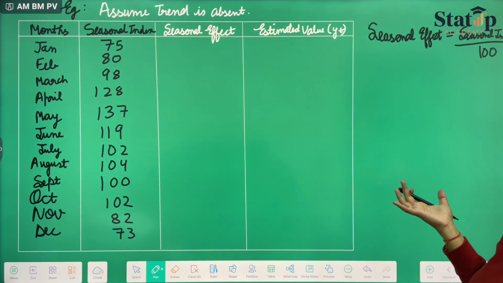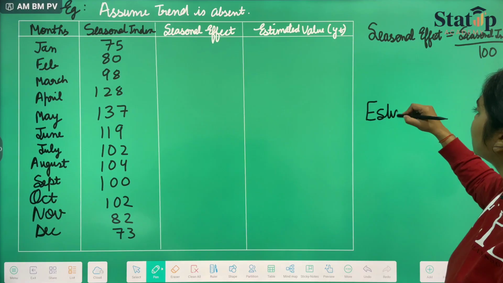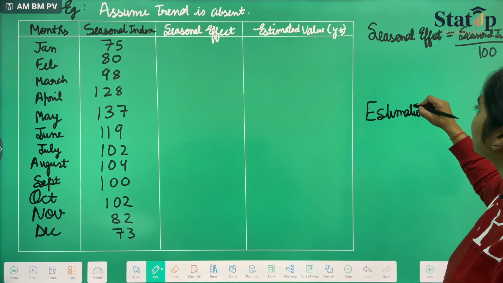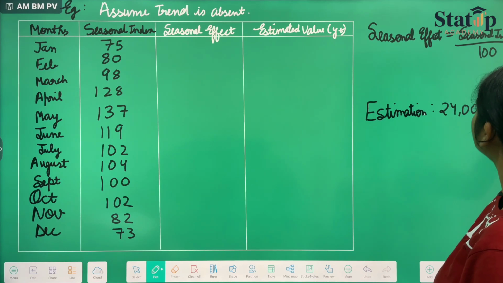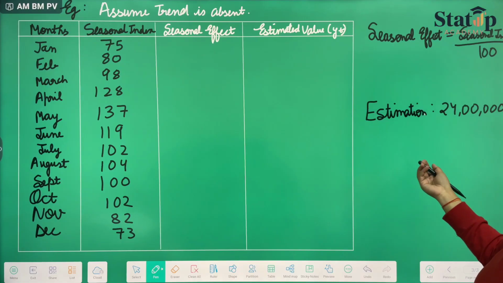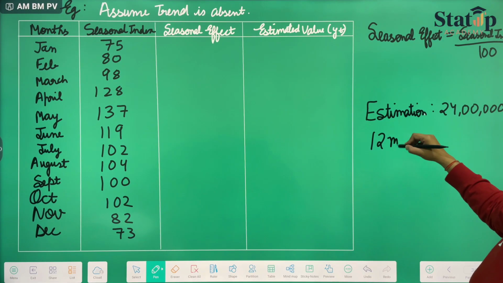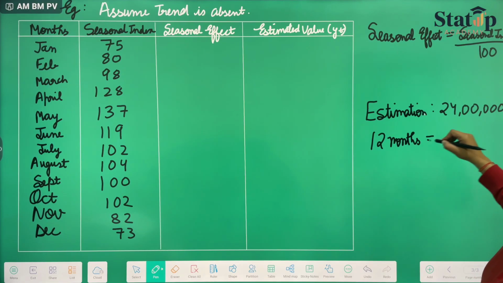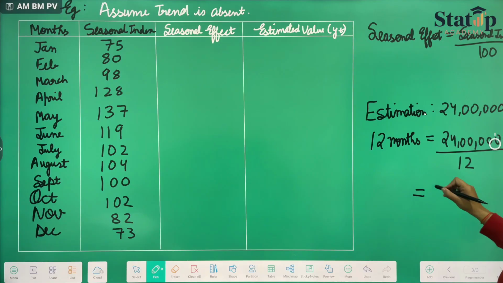And the estimated value of YT, since the question says that the estimation should be of 24 lakhs, and we have to calculate for 12 months. So for 12 months it is 24 lakh upon 12, which is equal to 2 lakhs.